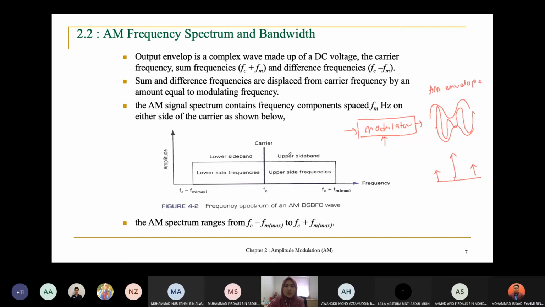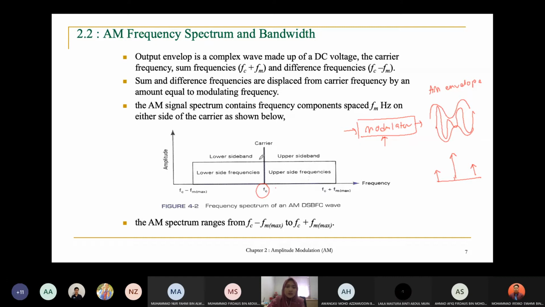This figure is just to show you that the signal in the middle is the carrier signal with the frequency fc. This part over here we call the lower side frequency, so the frequencies on the left hand side are the lower side frequencies, and the frequencies over here we call the upper side frequencies.